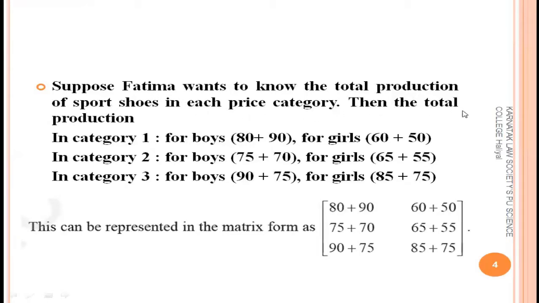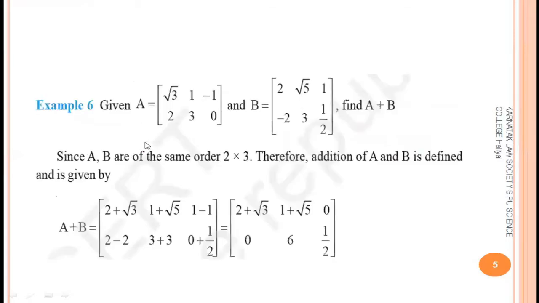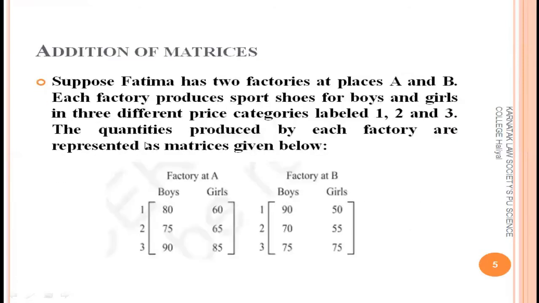If you see there, for category 1, the boys has first 80 and in factory B, in the first category it has 90. So we will add 80 plus 90. Similarly, for girls 60 plus 50.